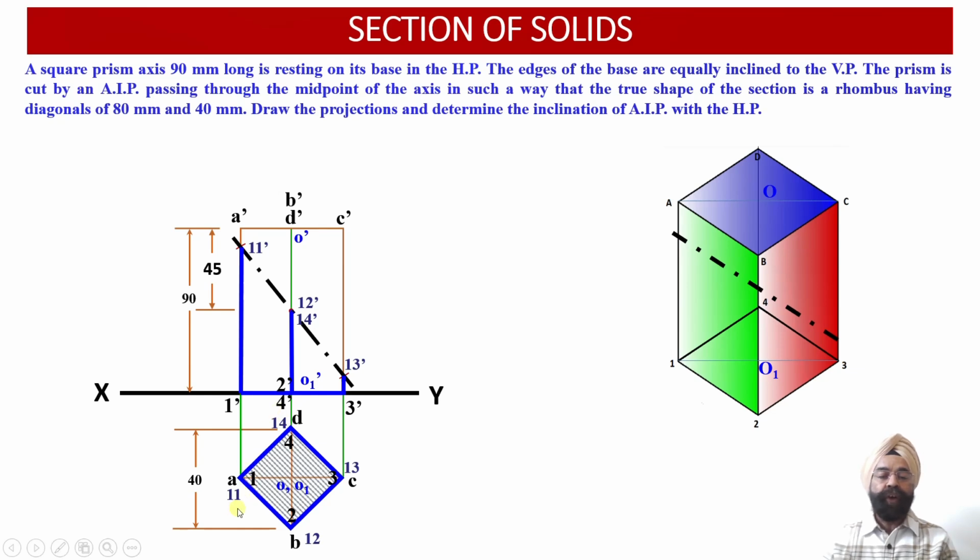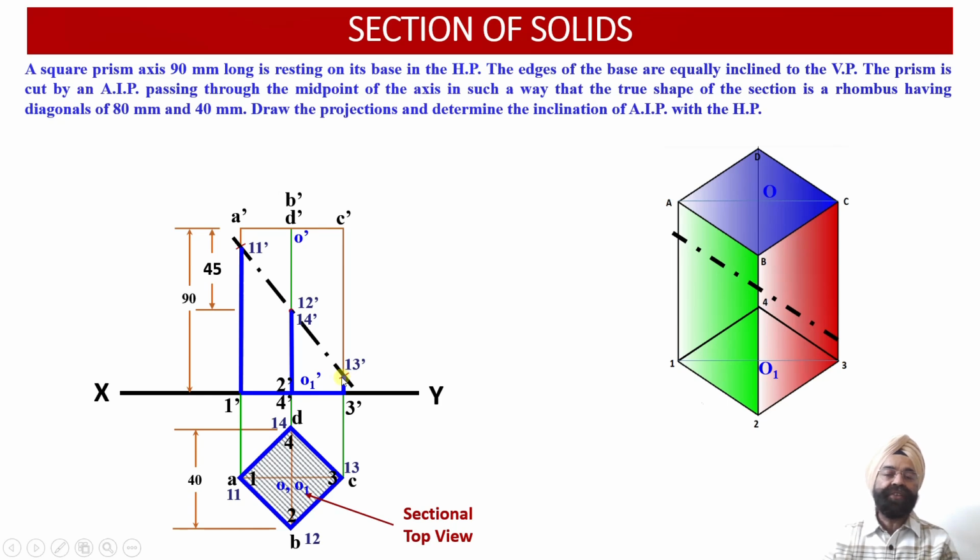And since we have witnessed that point 11 will be coinciding with A1, point 12 will be coinciding with B2, point 13 has coincided with C3 and point 14 has coincided with D4, the top view projections of the cut solid and the section solid have overlapped with each other in the top view projections over here. So this way we have been able to obtain the sectional top view projections corresponding to this cut section.